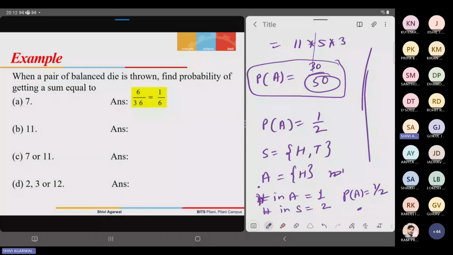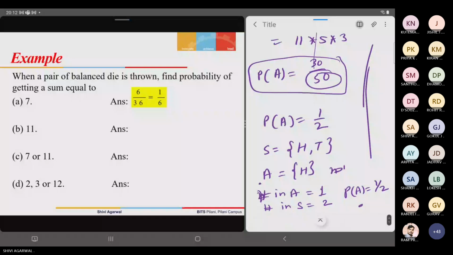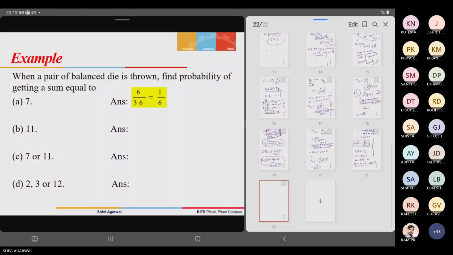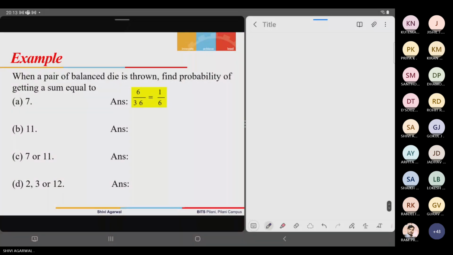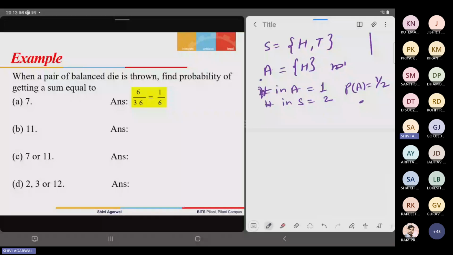Any student having any doubt in this case? Not getting it, I will do it. Now you are getting 36 as the denominator. Here we are taking two dice, and the sum is the addition of the two dice.